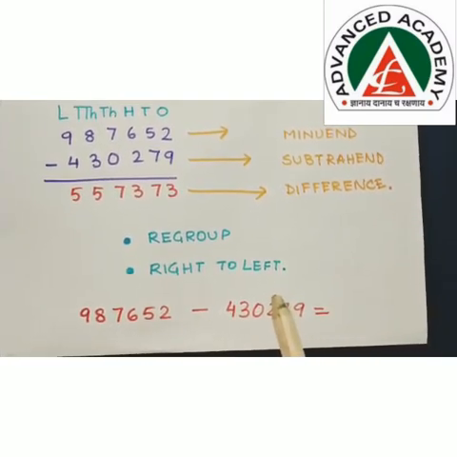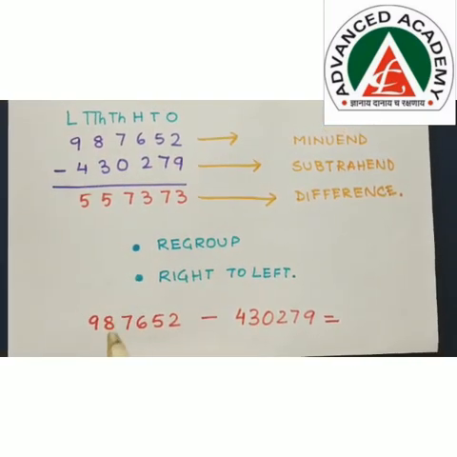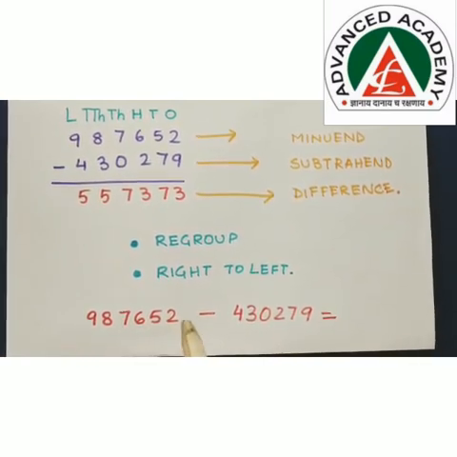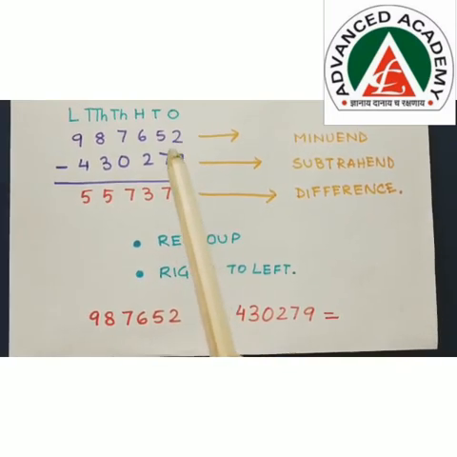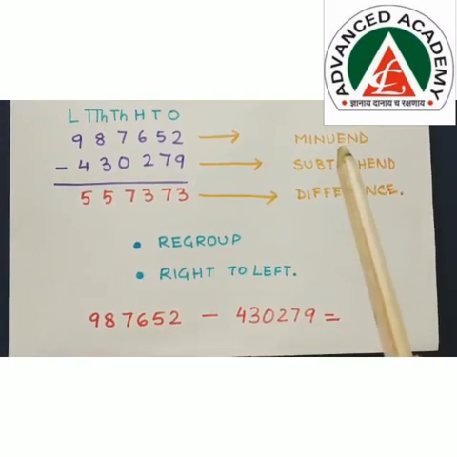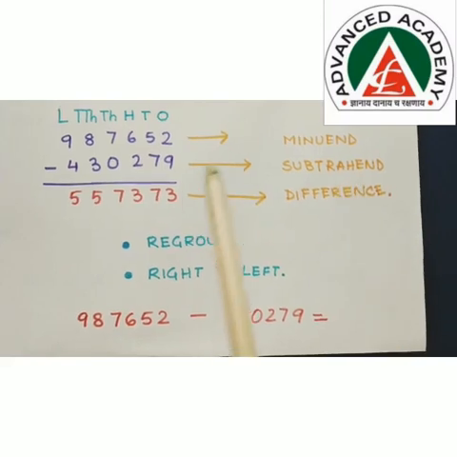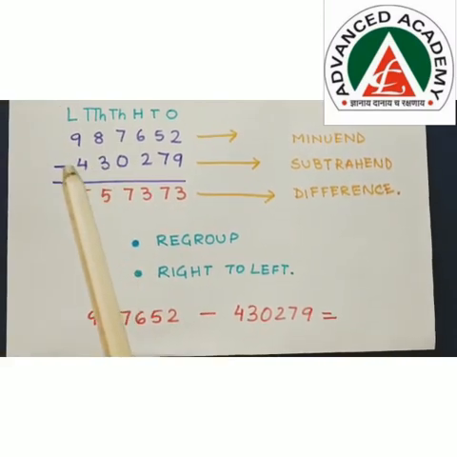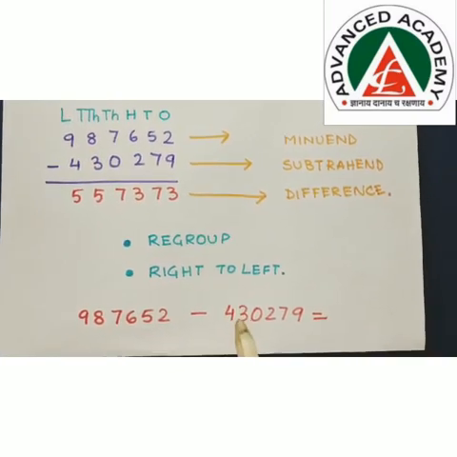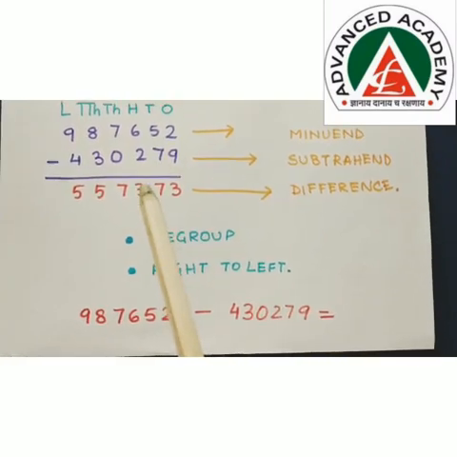Now let's see how. First, let's regroup. 9,87,652 should be placed according to their place values, which you can see, which is the minuend. And similarly, subtrahend is also supposed to be regrouped and placed according to the place value. I have not shifted any numbers. The numbers I have written as it is.